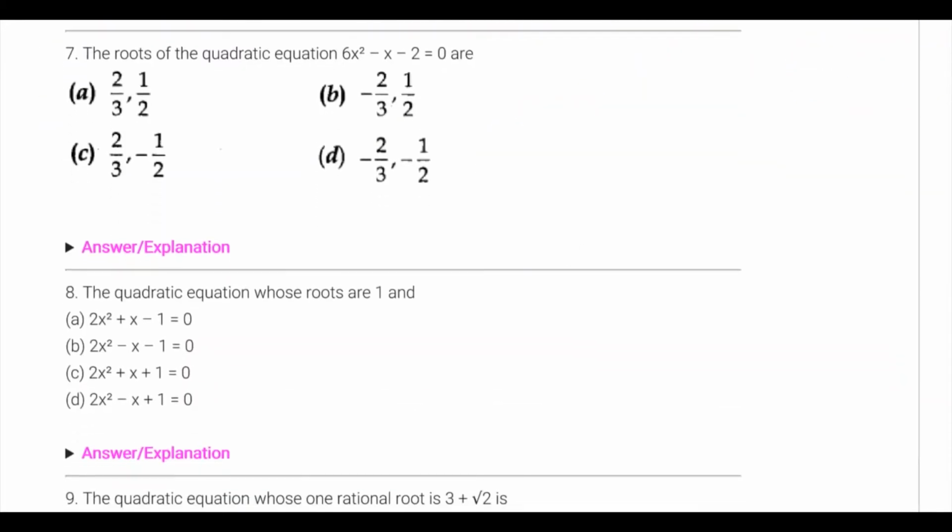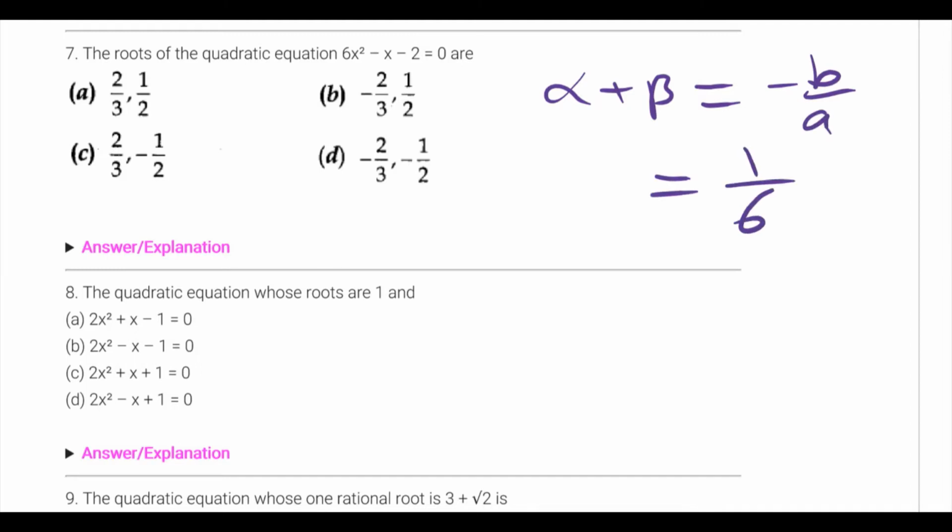The roots of the quadratic equation are. So here the sum of the roots, alpha + beta = -b/a, equals 1/6. So check the options. Alpha + beta = 1/6 and alpha × beta = c/a, which is -2/6, that equals -1/3.